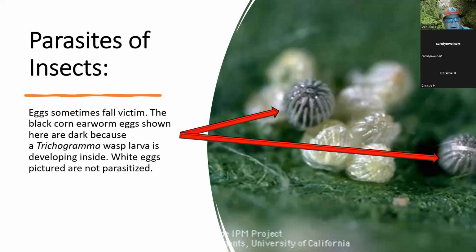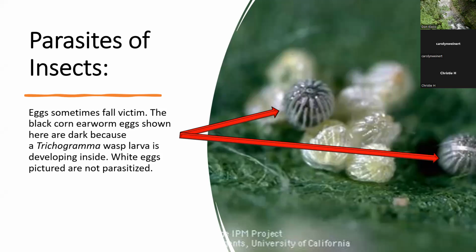To continue with parasites of insects, eggs sometimes fall victim, not just larvae. Here we have black corn earworm eggs. And a couple of these are dark because a trichogramma wasp has planted eggs inside of those eggs, and a larvae is developing inside those eggs.